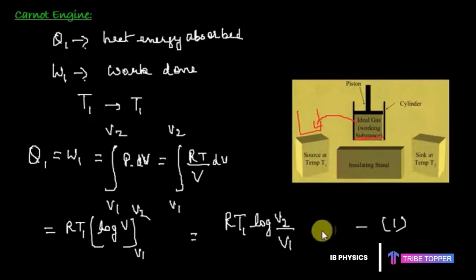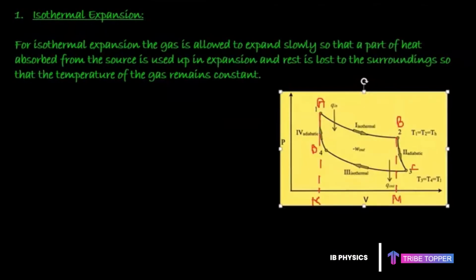And this work done, which we have derived here mathematically to be RT1 log of V2 by V1, we can also express in terms of the area under the curve of isothermal expansion. So let me show you that. This is the work done if we talk in terms of the area under the curve. So this curve for isothermal expansion is going from A to B. So A, B, M, K, A, whatever is the area under this curve, that will give us the work done.